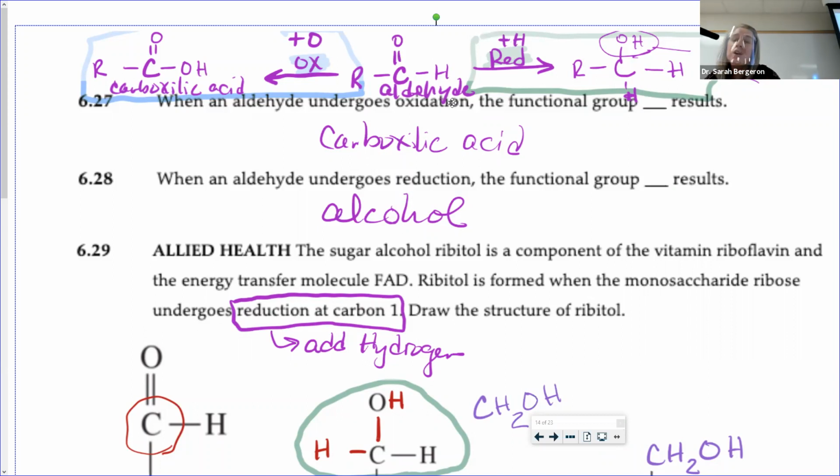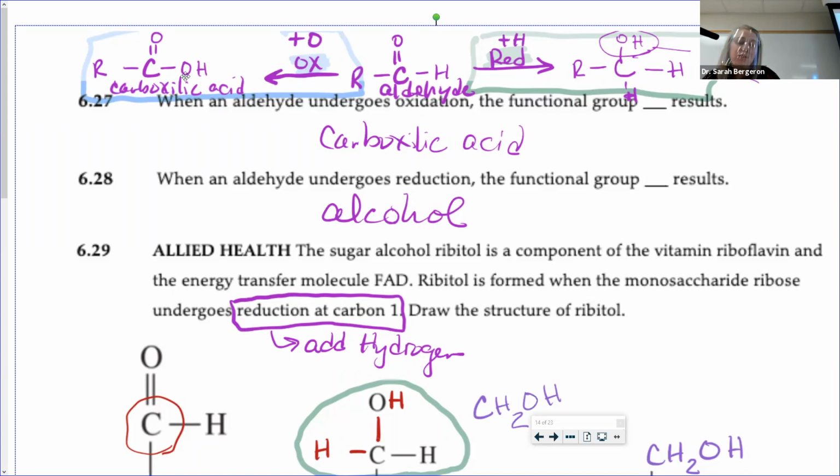You have to. So if you have an aldehyde, what's an aldehyde? Remember, an aldehyde is all alone, so it only has one R group. So what else is attached to that carbon now? You have a hydrogen, and then what else? Double bond oxygen. What do we call this carbon in a double bond to the oxygen? What do we call that group? A carbonyl carbon. Okay. So when an aldehyde undergoes oxidation, what's going to happen is that you are actually going to add an oxygen to that.